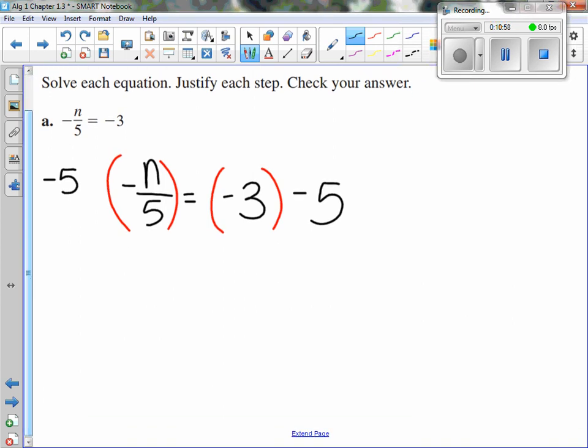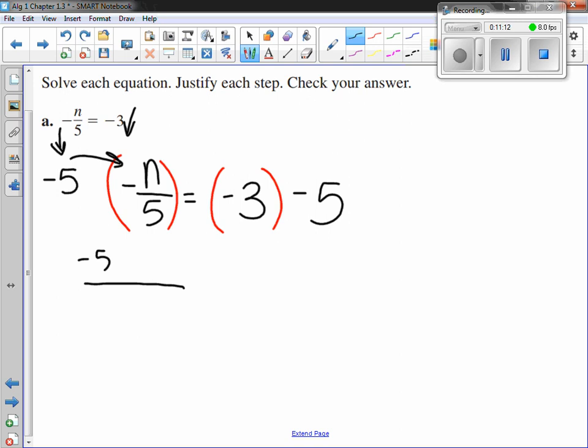Now when we multiply on this side over here, we multiply the negative 5 by negative n over 5. The negative 5 that we're multiplying is going to multiply with the top. So we're going to have negative 5 times negative n over 5 is equal to.